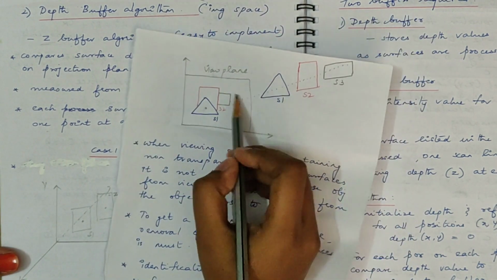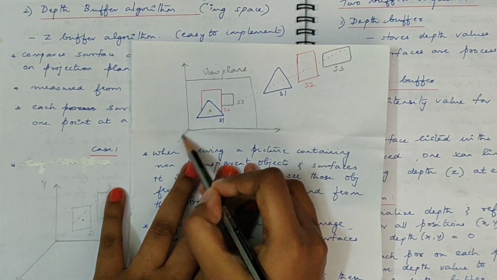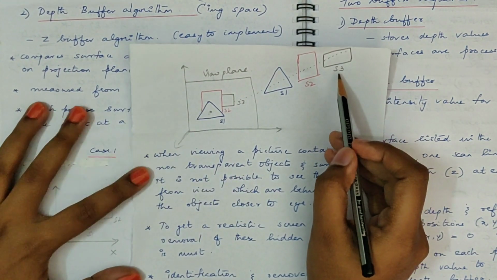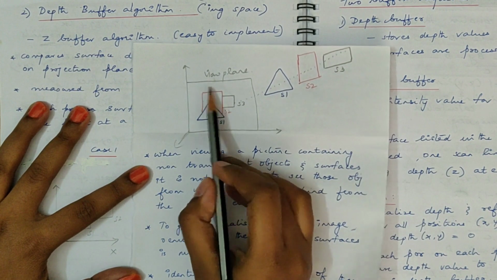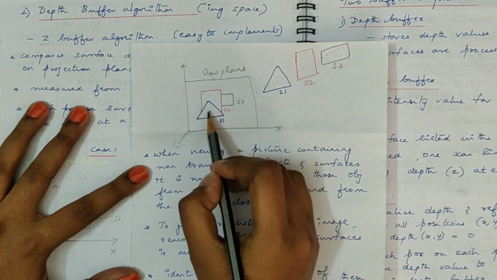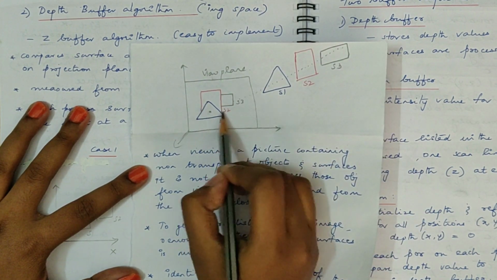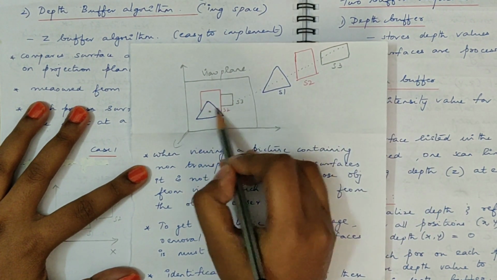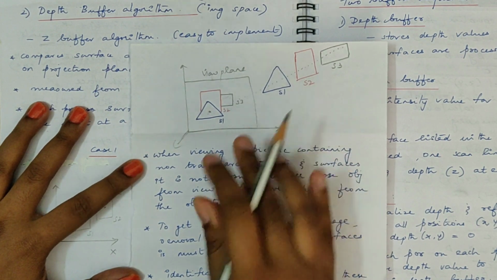Here S1 is closer when you view along the z-axis, and next come S2 and S3. The resultant is that S1 is fully visible and S2 is partially visible. The portions behind S1 are not stored, and for S3, the portions behind S2 and S1 are not stored. Only this part of S3 is visible.